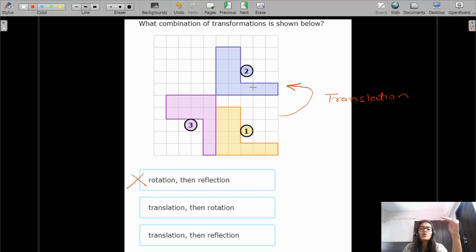And then from 2 to 3 it looks like the figure has been rotated like this. So then next we have rotation. So translation, then rotation.